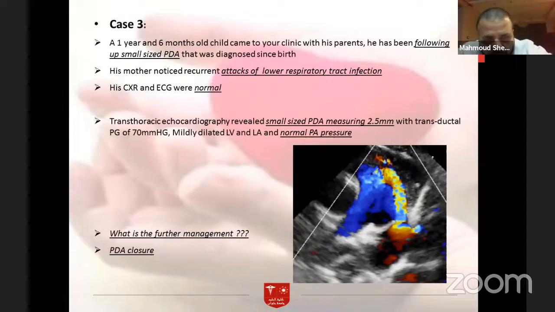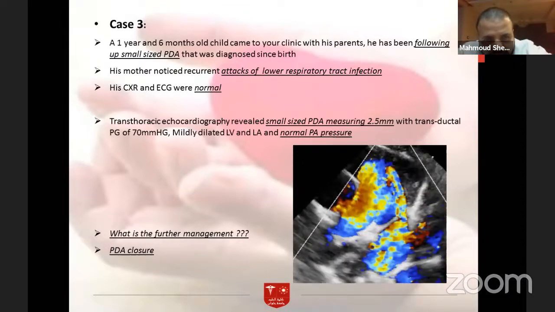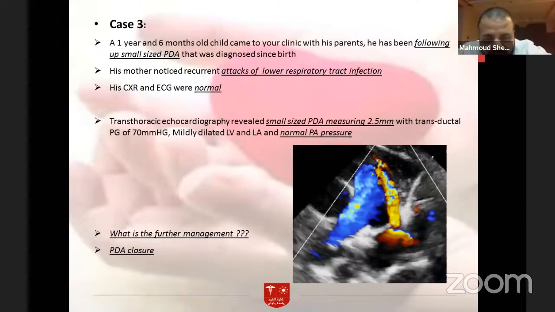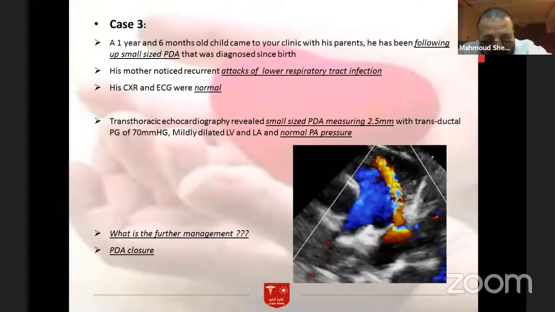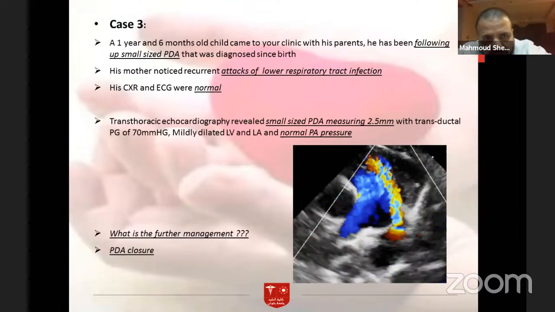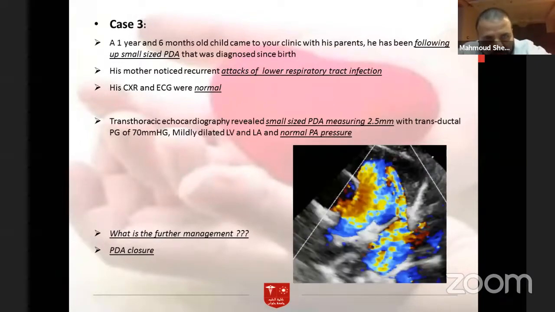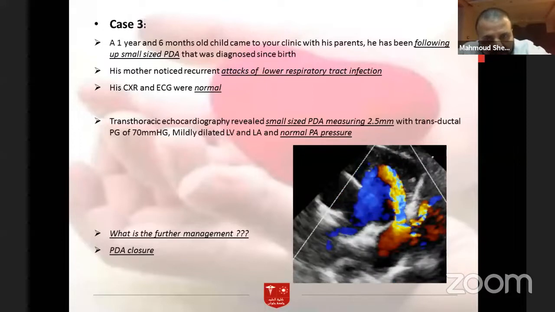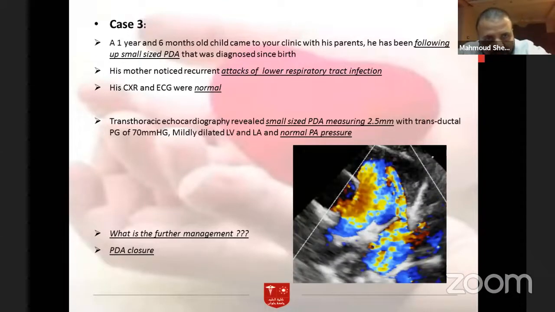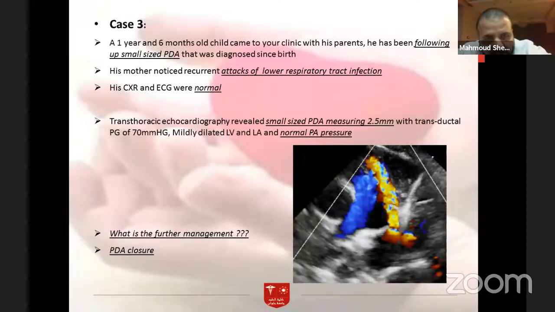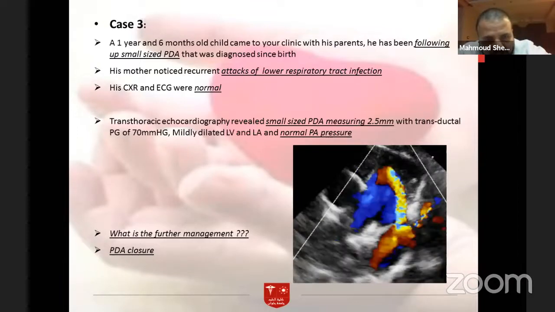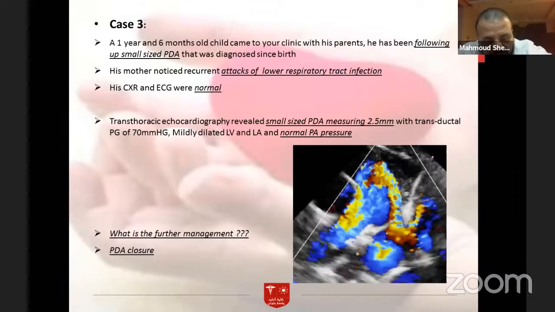We won't go through the details regarding the techniques and types of devices available, but the clear message here is a case aged more than 6 months with a volume loading PDA, although it is small, with a history of some symptoms regarding chest infection. So definitely the case is indicated for transcutaneous closure.